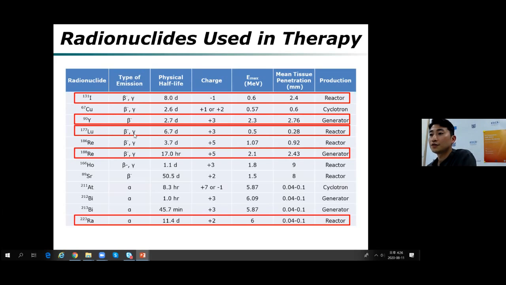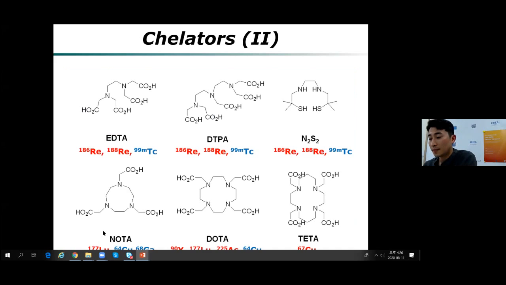Lutetium also emits gamma rays and beta particles, so it is a possible radioisotope for a diagnostic and therapy system. Uranium is also the same. So I already showed you the importance of chelation, because we can easily access the same structure for the diagnostic system and the therapeutic system.